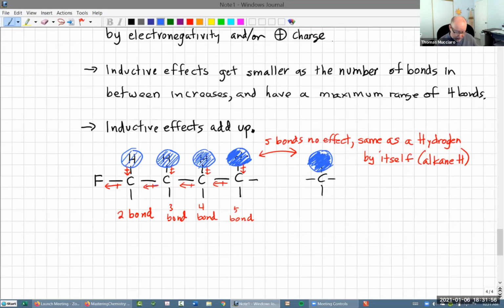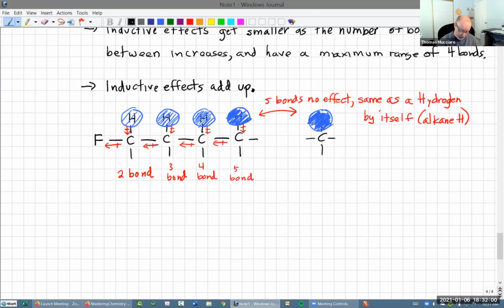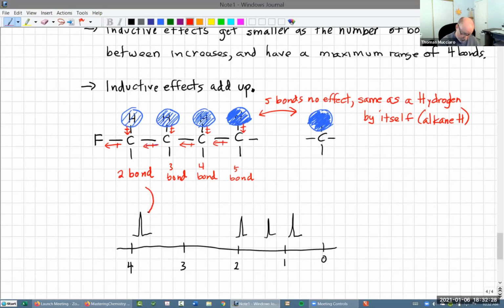So what we would then expect is that if we looked on our NMR graph, the 2-bond one would be right there. The 3-bond one would be here, just a little bit below 2. The 4-bond one would be here, just 1.3, 1.4. And then the 5-bond one and the one by itself would be here, let's say at 0.9.